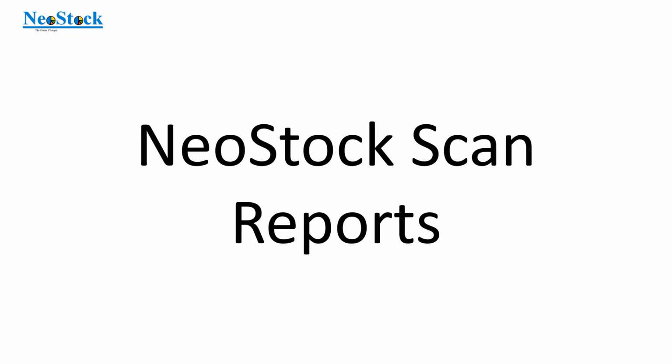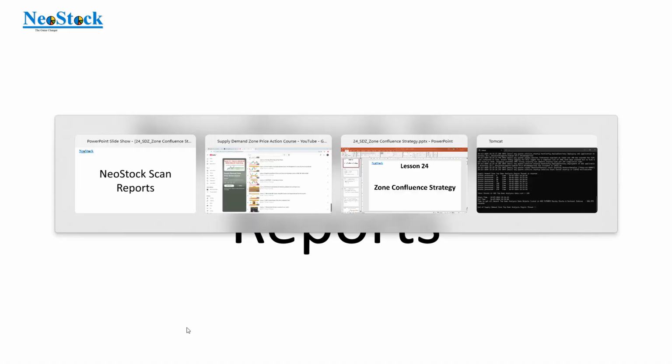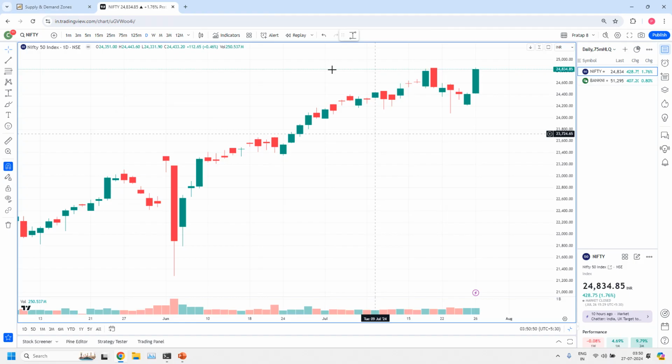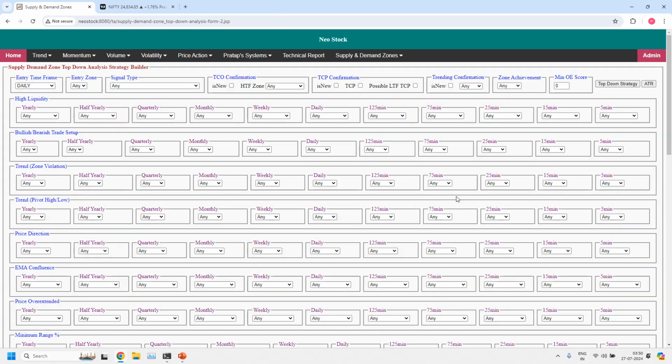Now let us look into the NeoStock scan reports, how we can identify, because so far I haven't shown you this kind of strategy and how we can scan. Now let me show you. Okay.